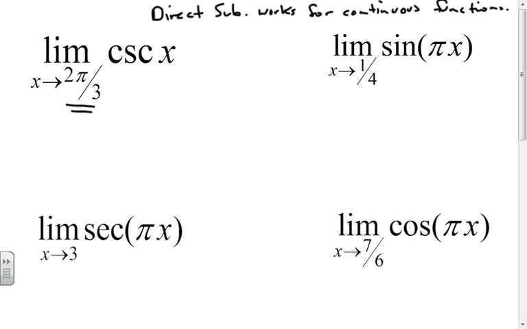So in this case, this limit should equal cosecant of 2 pi over 3. Now, you have to know what cosecant of 2 pi over 3 is. This is a basic concept, like a multiplication table of trig. I use little triangles, and I look at pi over 3, that's 60 degrees. I'm just demonstrating how I think about this.